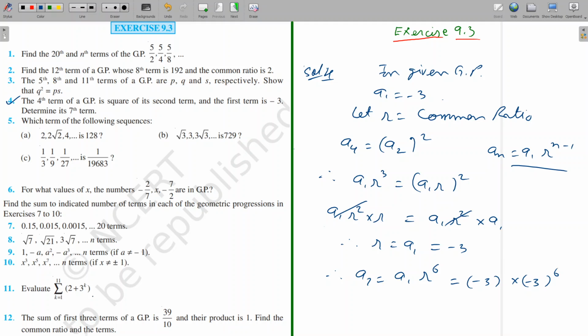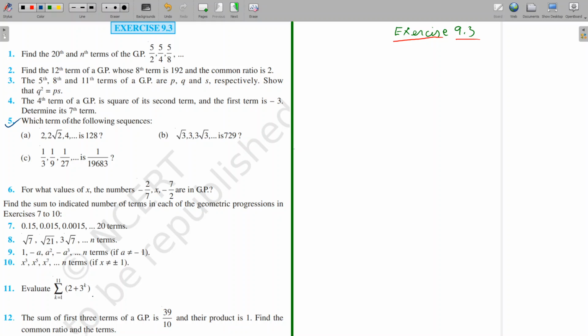So this will become a7 equal to minus 3 whole to the power, here what is the exponent of minus 3? 1, here it is 6, so adding both, minus 3 raised to 7. So this is the answer of question number 4.